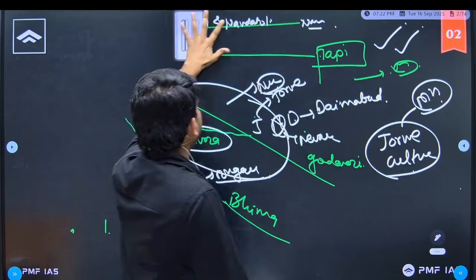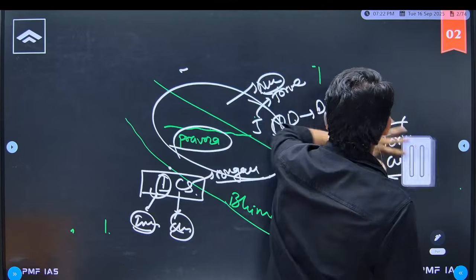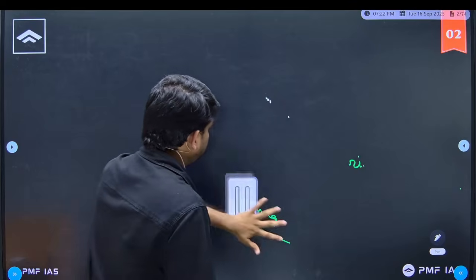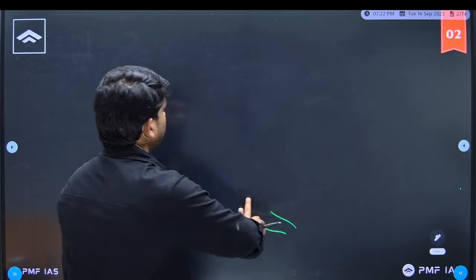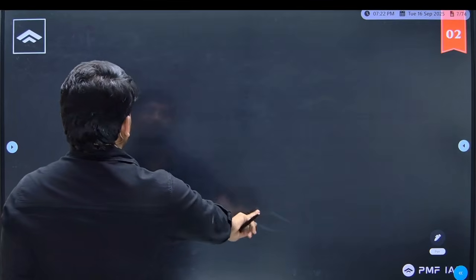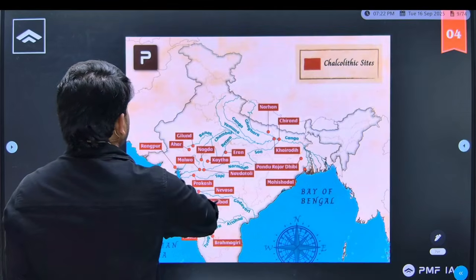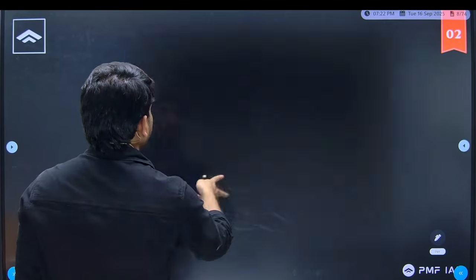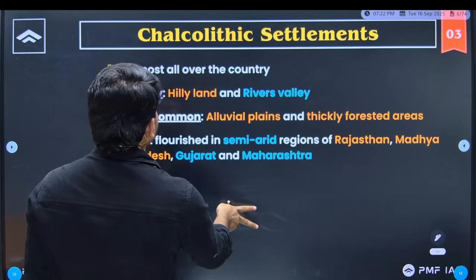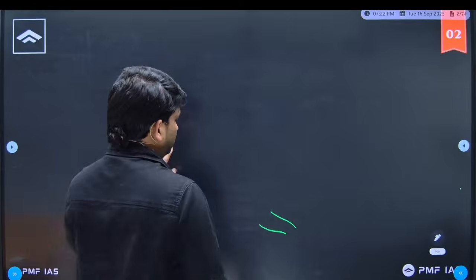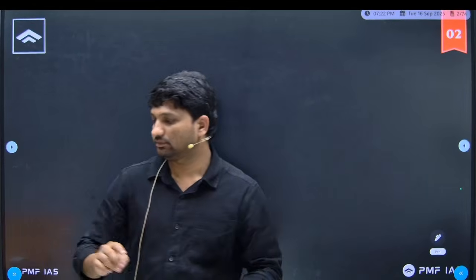So do you understand? All these sites, cultural sites, different cultures. Any confusion for anyone?